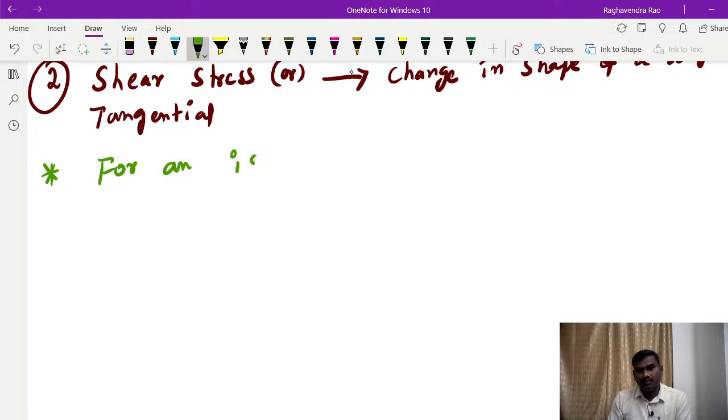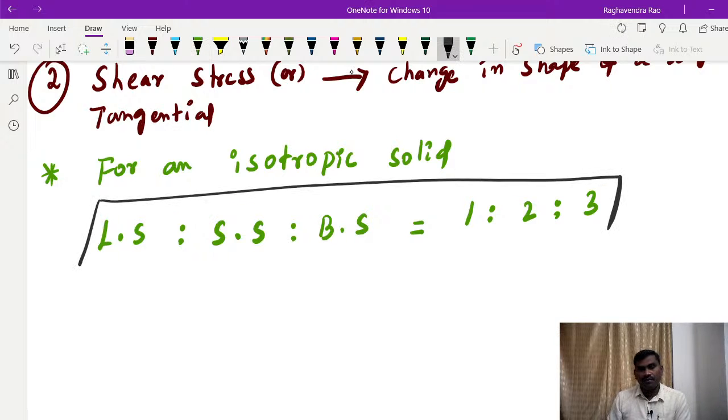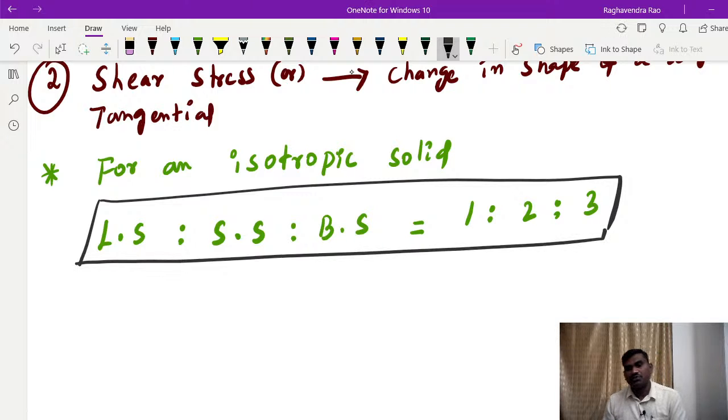For an isotropic solid, which means the properties of the material are the same in all directions, that is called an isotropic solid.